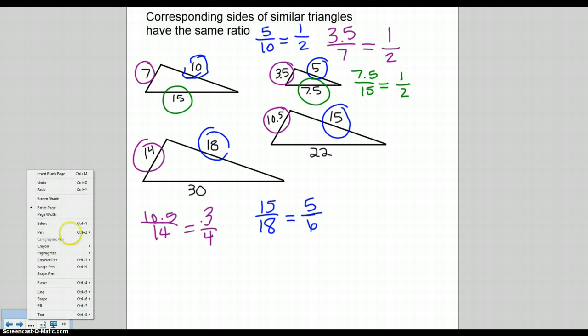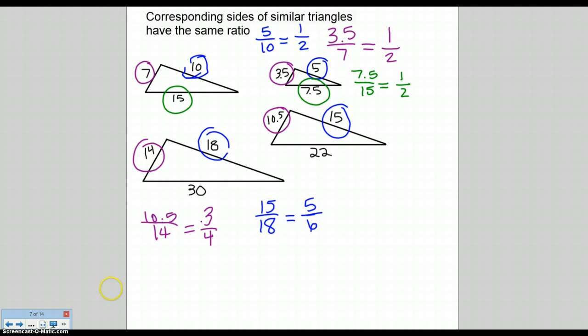Okay, so already we have two different ratios, but let's just look at the last set of sides before we say anything else. So we do 22 divided by 30. Well, if you do 22 divided by 30 in your calculator, you get 0.733333333. And you could simplify that to 11 over 15.